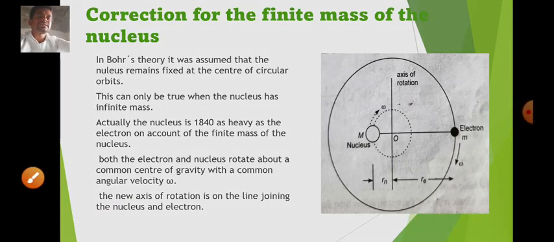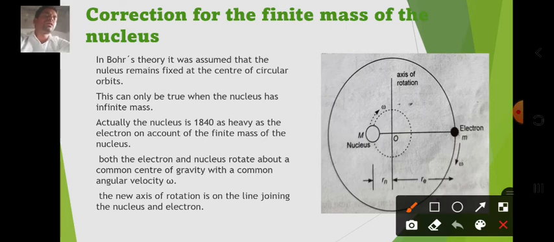Next, Rn and Re are given. E indicates electron, N indicates nucleus. So Re means the distance of the electron from the axis of rotation, from here to here. And from the nucleus to this point, that is Rn.